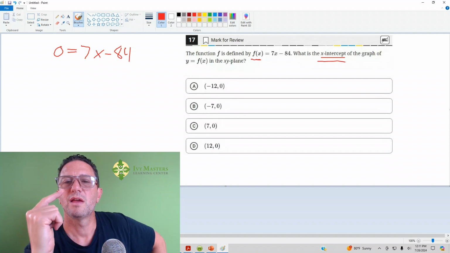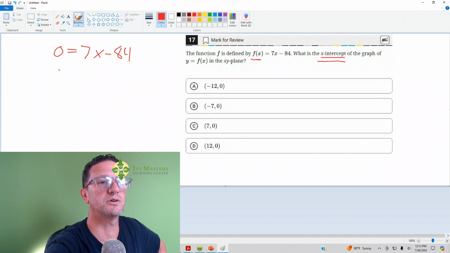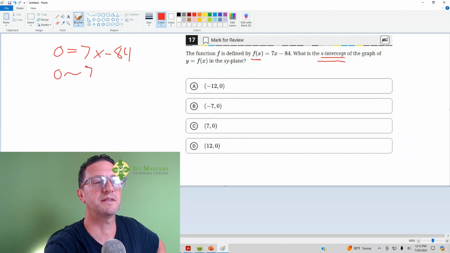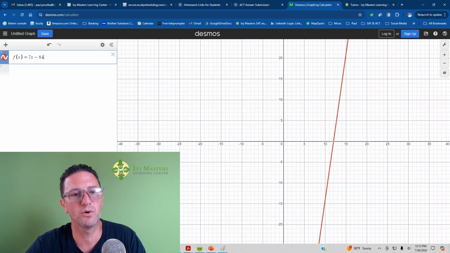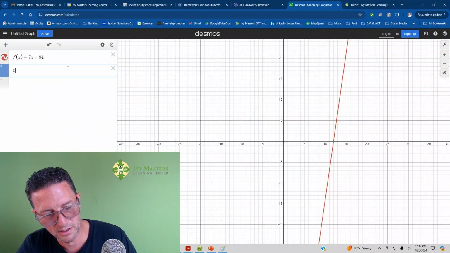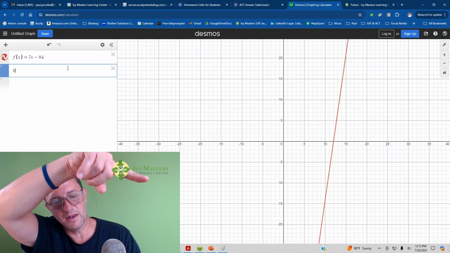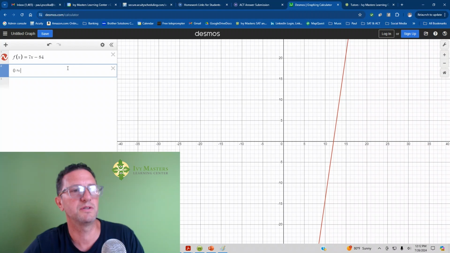Now, I could also plug this into Desmos without doing any work. In order to plug it into Desmos, instead of the equals sign, I've got to put what's called the tilde, and then I hit 7, and instead of x, I put x1 minus 84. So 0 tilde 7x1 minus 84. So this is another way to solve it. You hit shift, and in the upper left of your keyboard below the escape button and above the tab, you see the tilde.